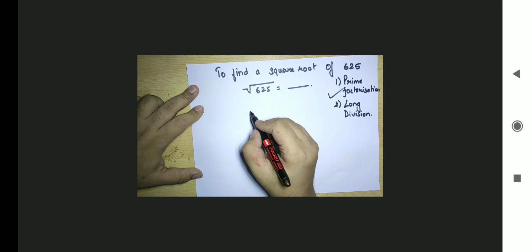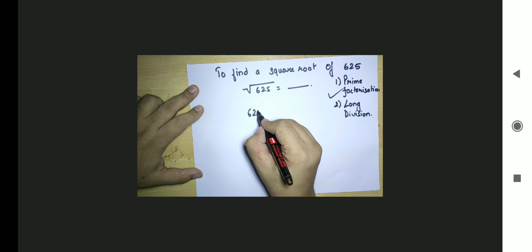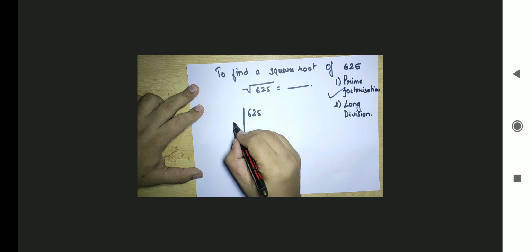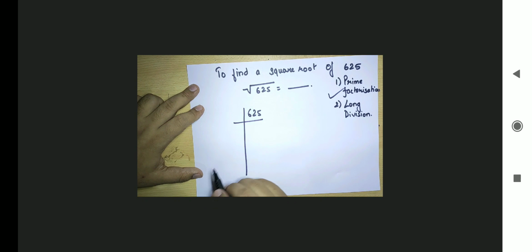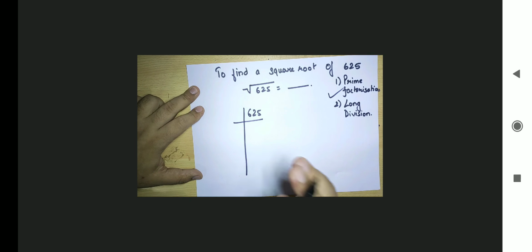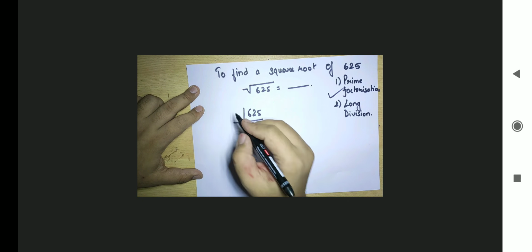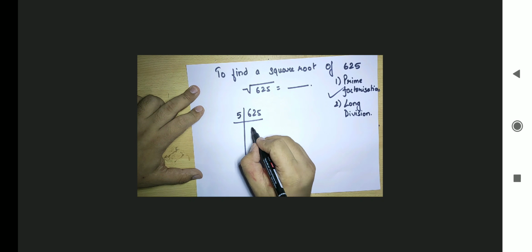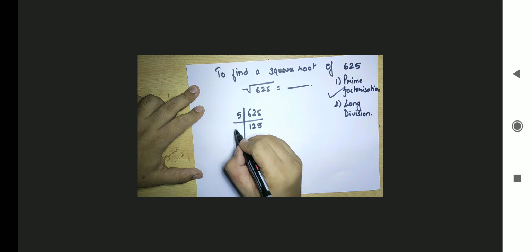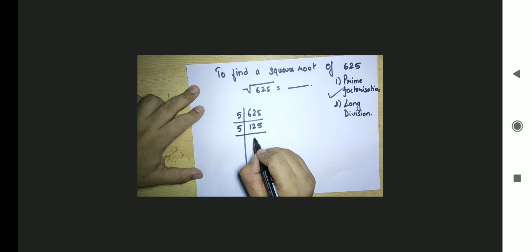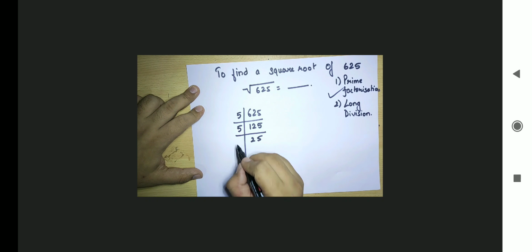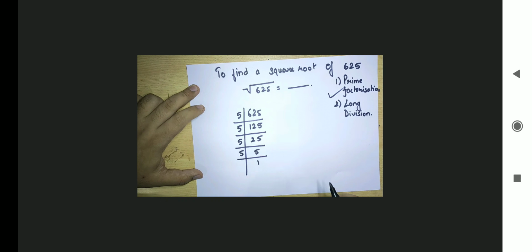So we'll see that 625 is arranged like this. We know that the unit place is 5, so 5 is a factor. 625 divided by 5 is 125, 5 fives are 25, 5 fives are 5, and 1.